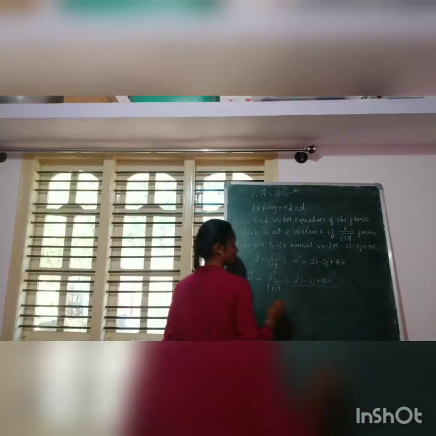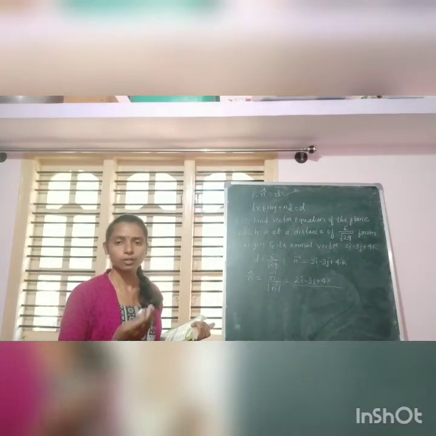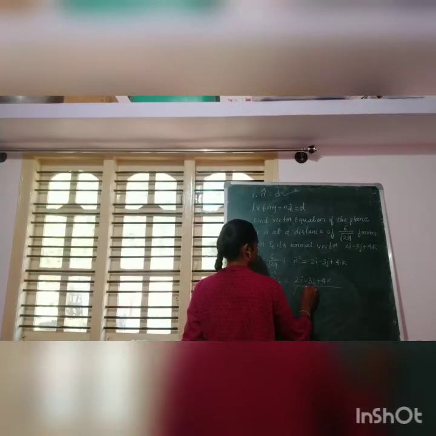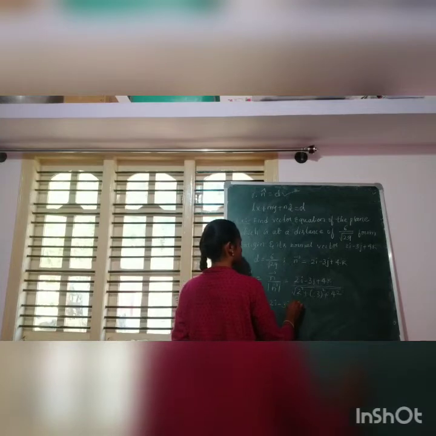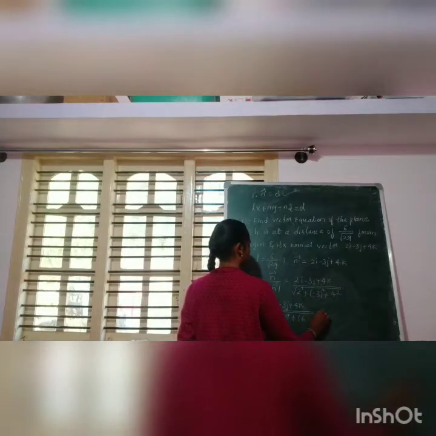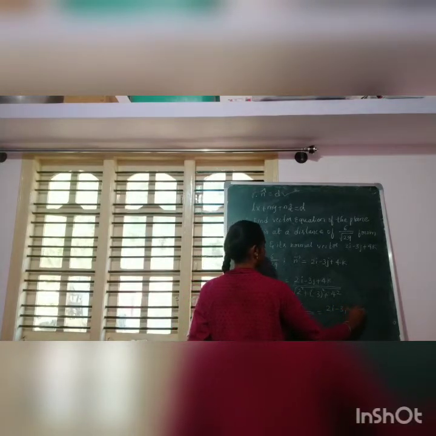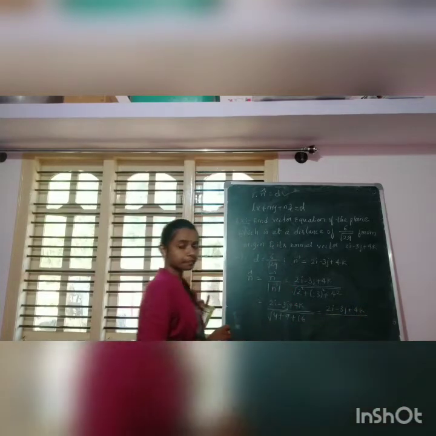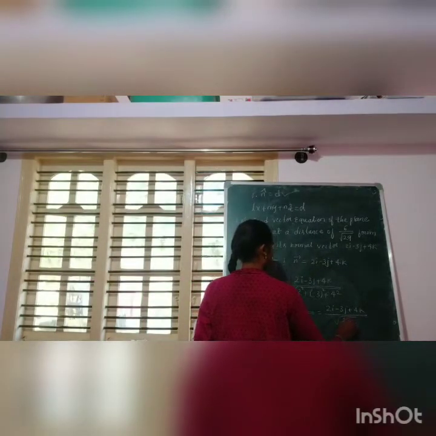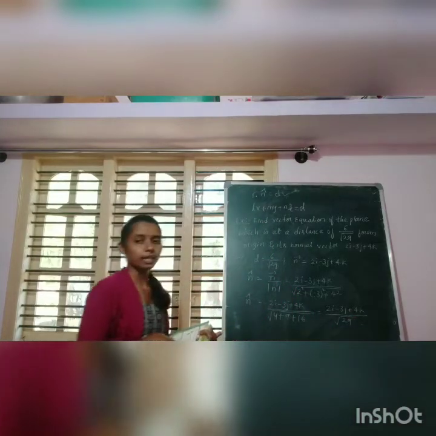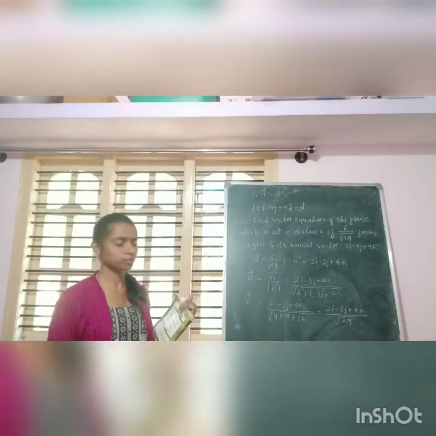The magnitude is the square root of the sum of the squares of the coefficients of i, j, k, which is the square root of 2 squared plus minus 3 squared plus 4 squared. 2 squared is 4, 3 squared is 9, 4 squared is 16. 16 plus 4 is 20, 20 plus 9 is 29, so root 29. Hence n cap is 2i minus 3j plus 4k divided by root 29.